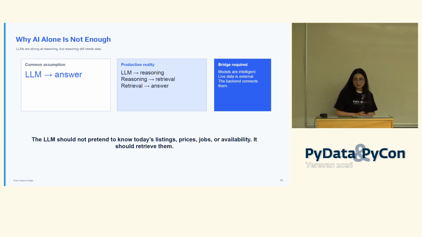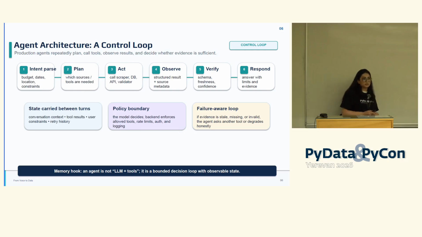So after LLM reasoning comes an answer, and live data is external. So the backend is an essential part of connecting today's data with the models used. We need to control the data going over and over.